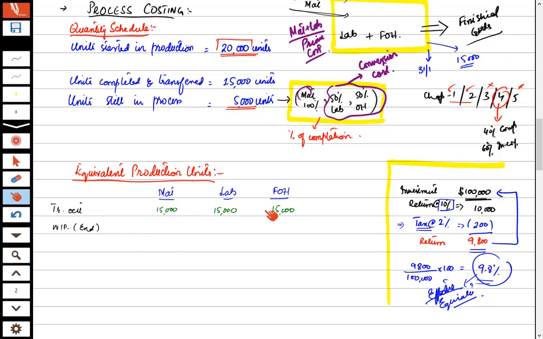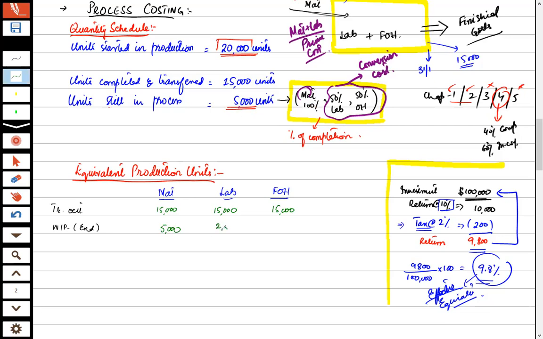Now, what about WIP? WIP ending units are 5,000 units. But in these 5,000 units, materials are applied 100%. So we will write 100% of material of WIP, that is 5,000 units. But labor and FOH are applied 50%. Means the 50% of 5,000 would be 2,500.